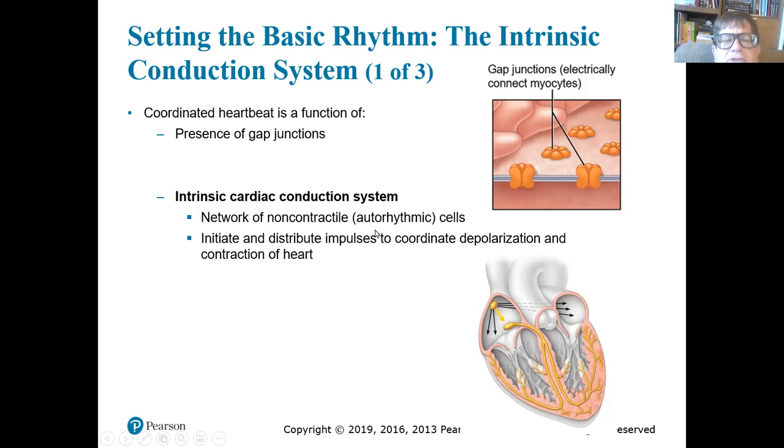Their job is to distribute impulses and coordinate depolarization through the heart. Everything you see in yellow actually has the job of electrical conduction. We're going to go through all of these, but very quickly, we're talking about the SA node, the AV node, the AV bundle that goes through from the atria to the ventricles, the bundle branches, the Purkinje fibers, all of that stuff.